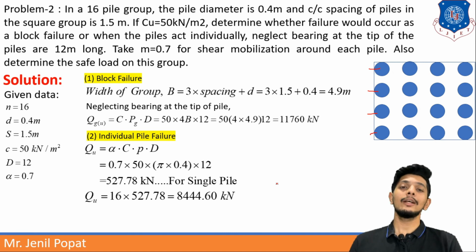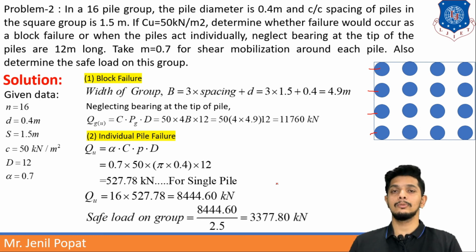So we have to take the smaller value of both of them as we have just discussed. So the smaller value is 8000 something. Let us move to safe load. Now for safe load we have to divide it by a factor of safety. In this case the factor of safety is not provided in the problem.